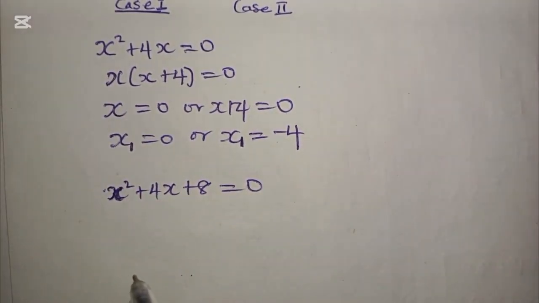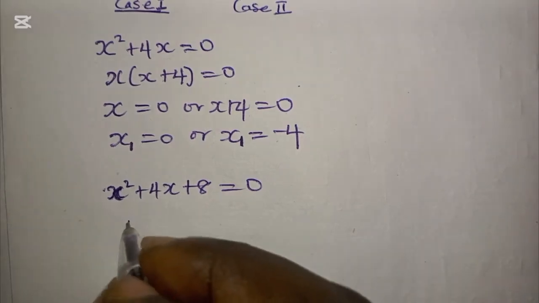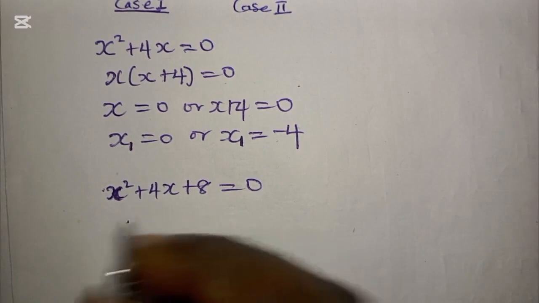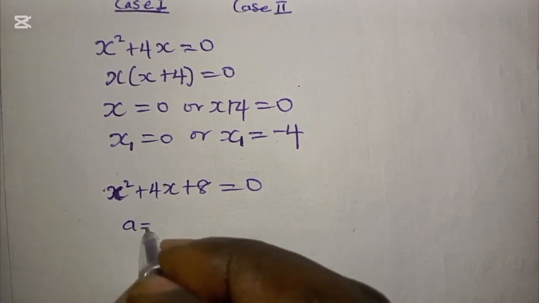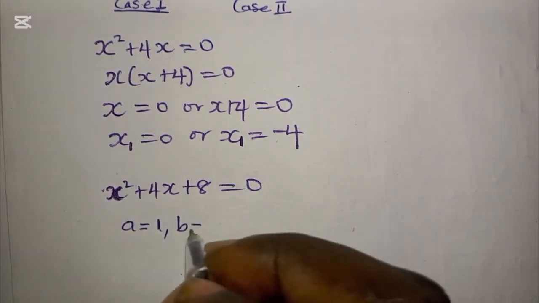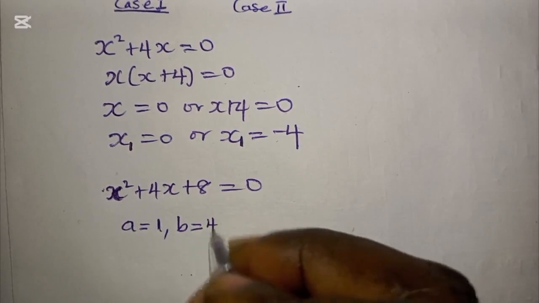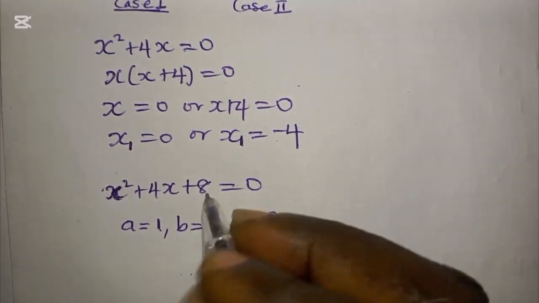So we use the formula method. Let's first find the values of a, b, c. Our a here is the coefficient of x squared, which is 1. Our b is the coefficient of x, which is 4. Then our c is the constant, which is 8.